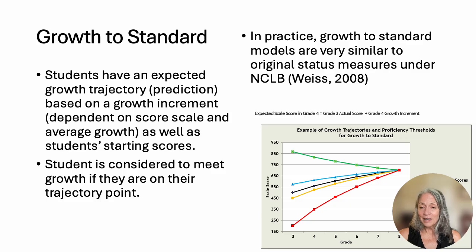So the black line is how students' scores on average changed over time. Notice there was a lot more growth in 3rd and 4th grade than there was in 5th and 6th, and even less from 7th to 8th. But also take a look at these students who were super high performers, this green line. What happened is these students could literally lose ground over time as long as they didn't cross this line.